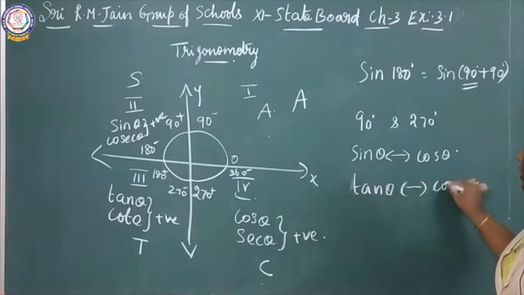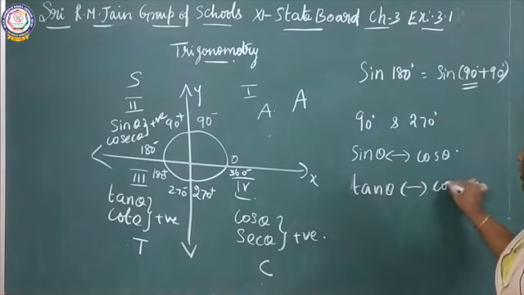So you can put plus first of all. I told you for 90, sin will change into cos. So you will write plus cos theta. Is it clear?